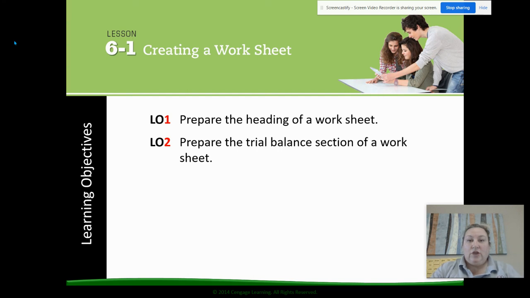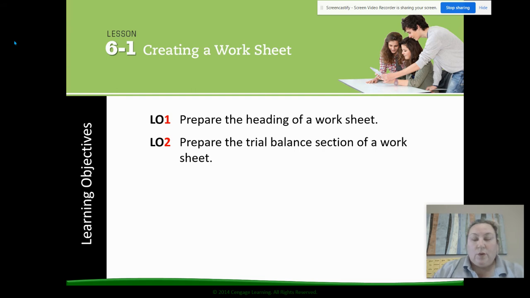If we were to actually have a physical ledger in front of us, it would be multiple pages. So we're taking all of that information from those multiple pages and putting them into one sheet called the worksheet. This is going to be our starting point for all of our end of the period activities.